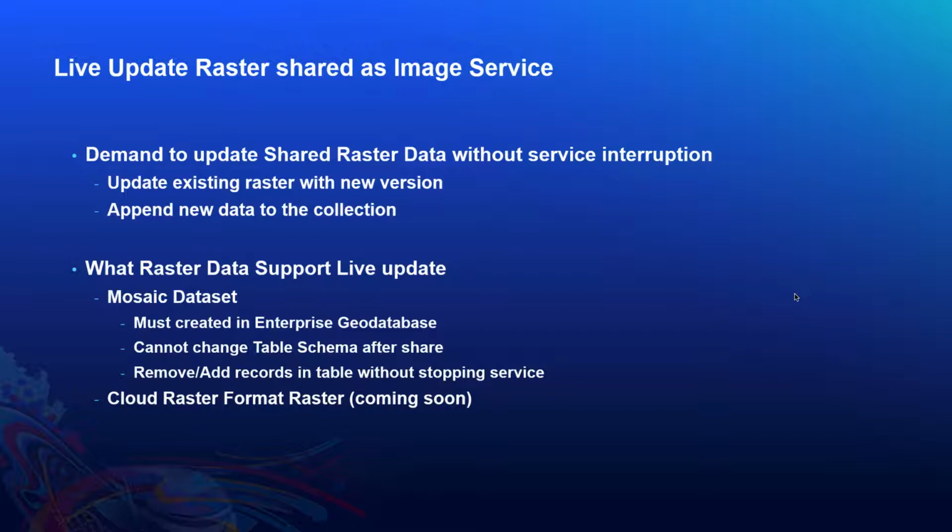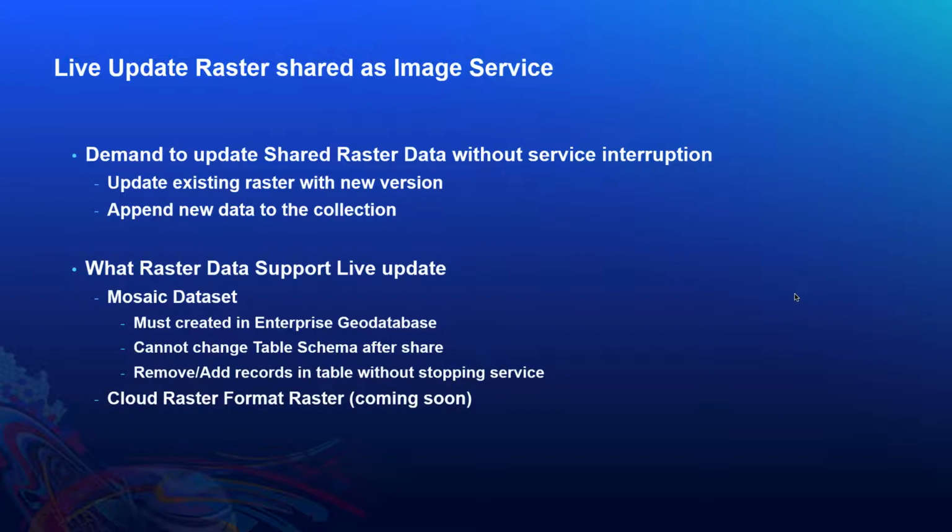Once the Mosaic dataset has been shared as an image service, you also cannot update the schema. What this means is you cannot add a new field to the Mosaic dataset while the image service is up and running, and also cannot delete an existing field, or delete and add side tables to the Mosaic dataset.